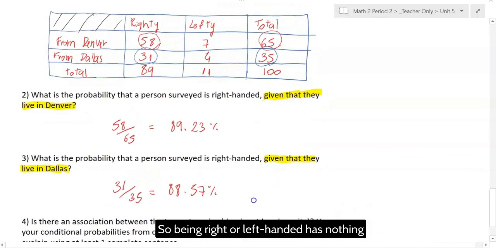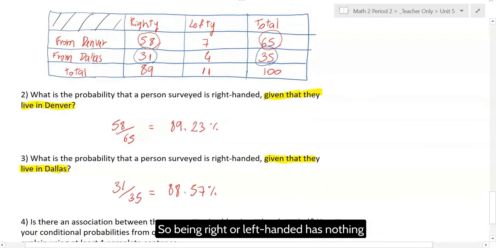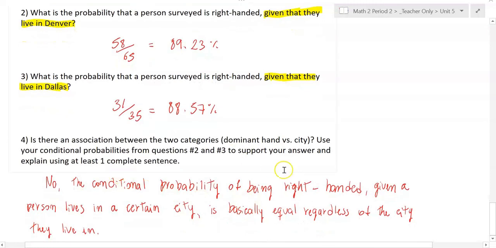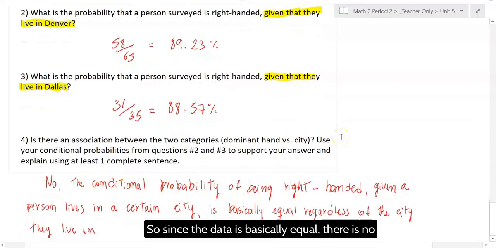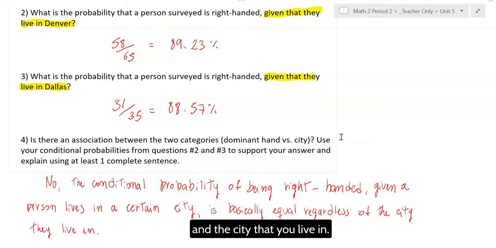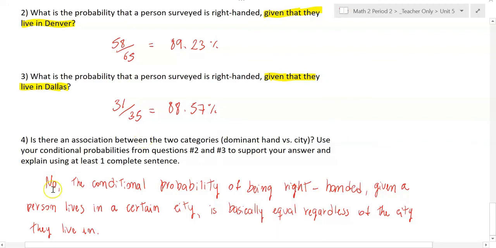So being right or left-handed has nothing to do with the city that you live in. Since the data is basically equal, there is no correlation between the fact that you are left or right-handed and the city that you live in. Does that make sense? I hope so.